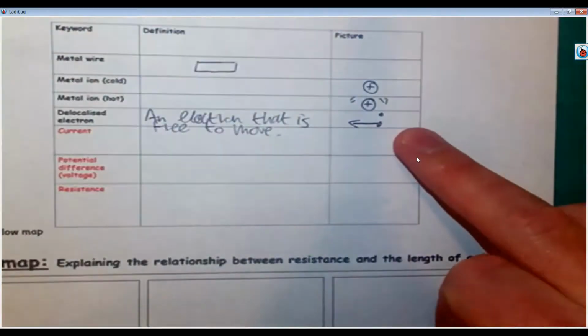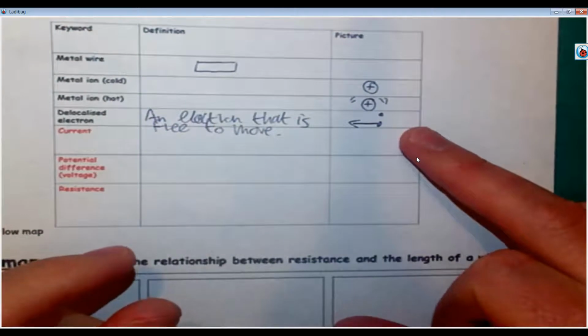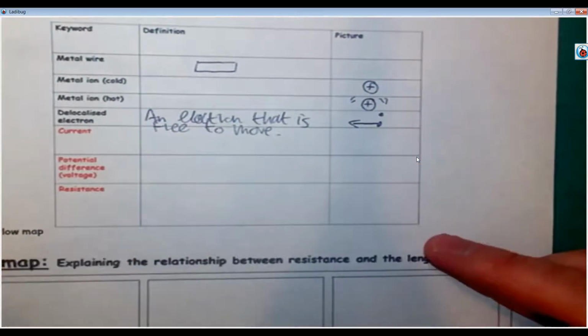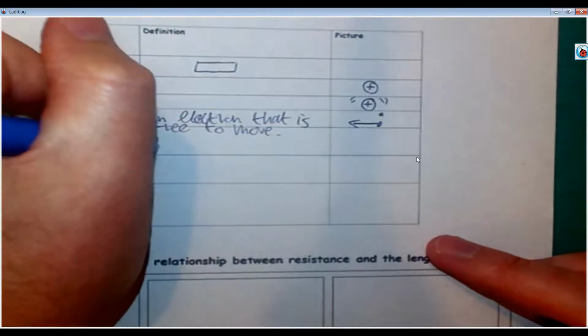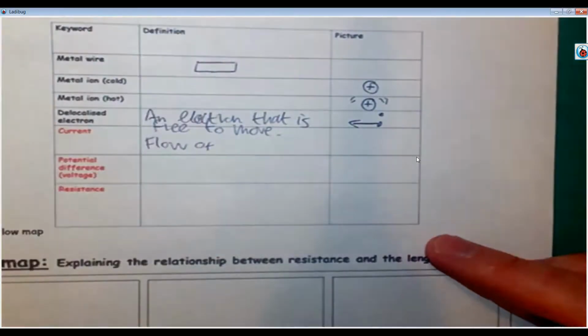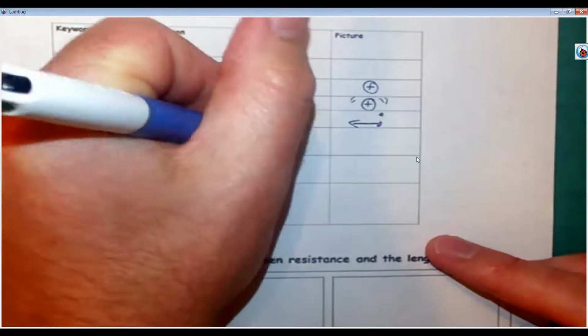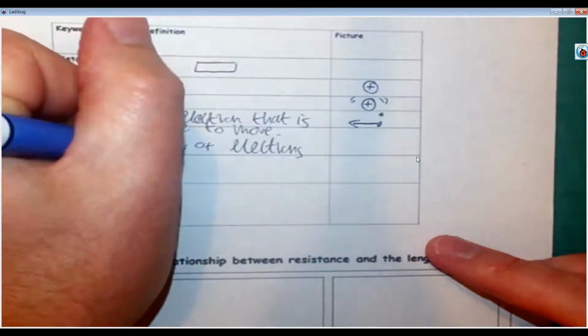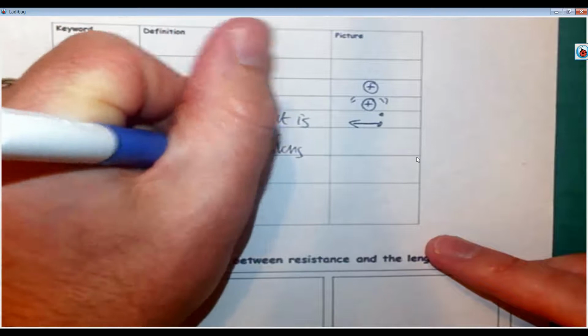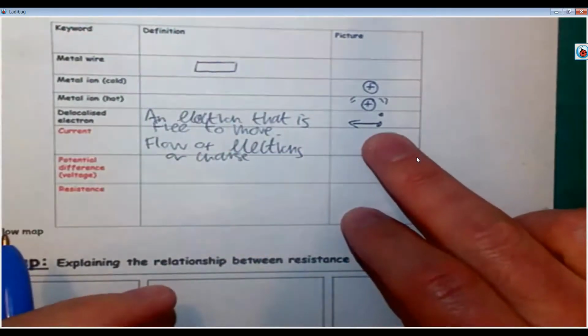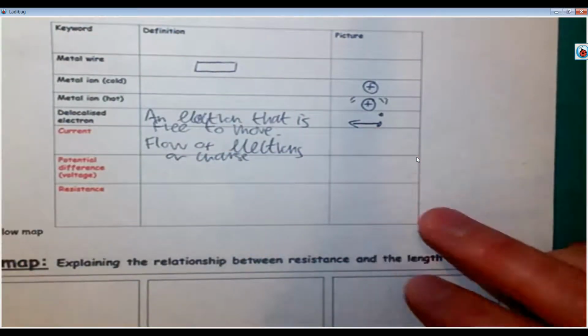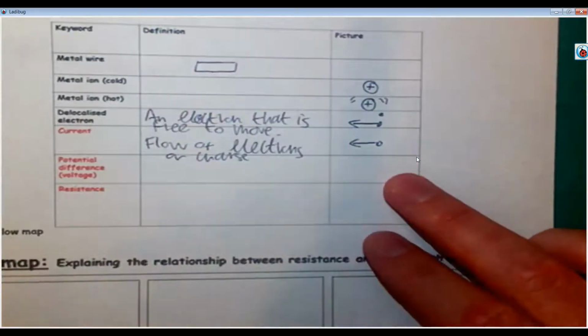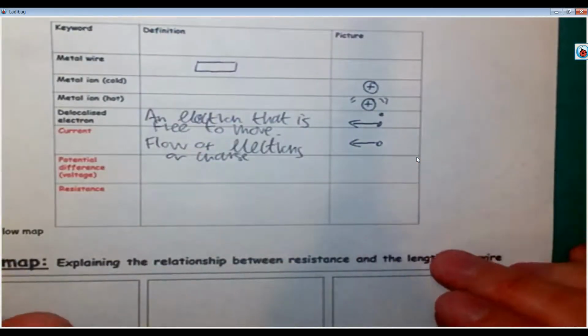There's a dot when it's not moving, and that arrow just means that it's moving. So a current is a flow of electrons or charge, and we represent it with this dot and arrow to show that the free electron is actually moving through the wire.